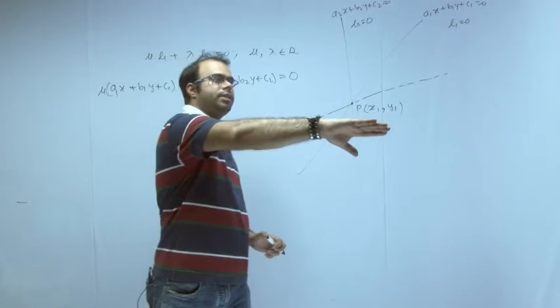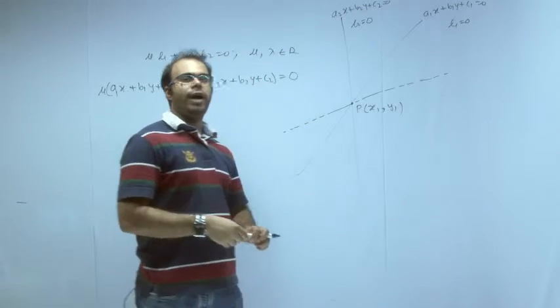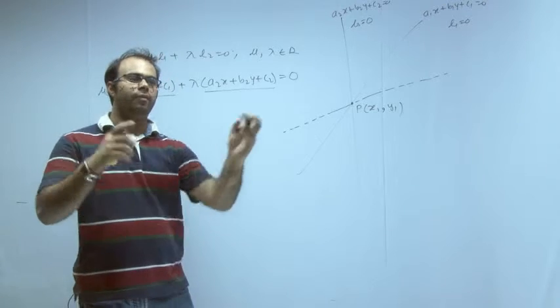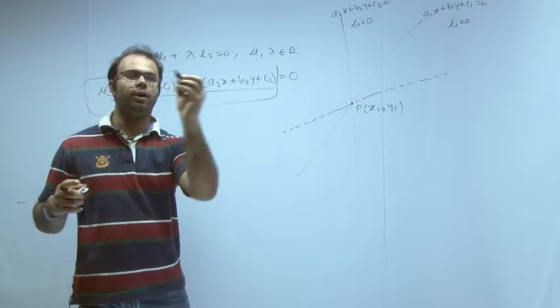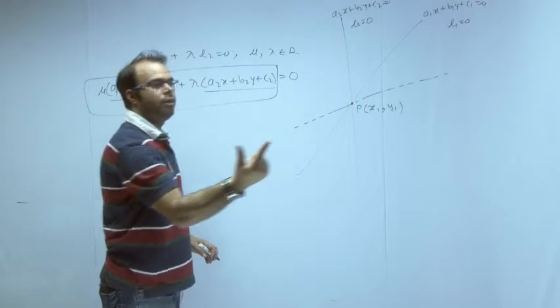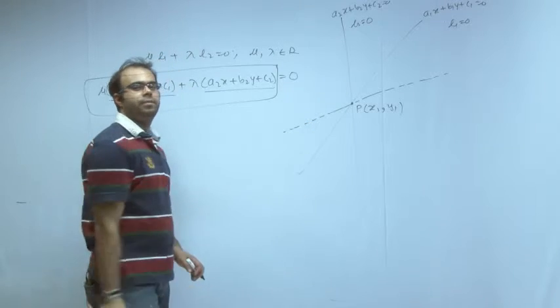So x1, y1 is satisfying this line as well as this line. So at the same time x1, y1 will make this 0 and this 0, so x1, y1 will make this whole part equal to 0. So basically this line is passing through this point, that is the intersection of these two lines.